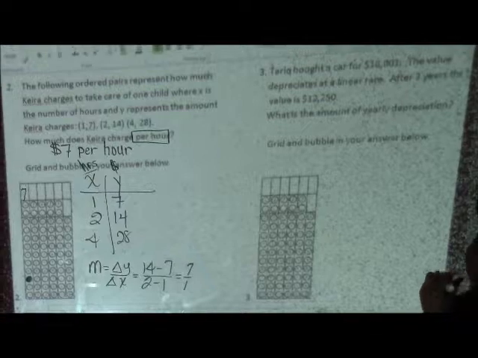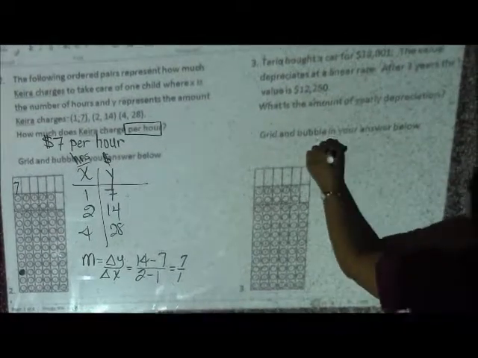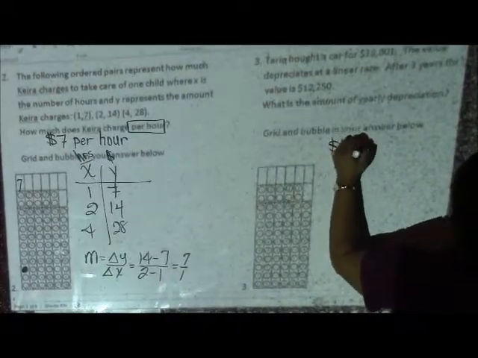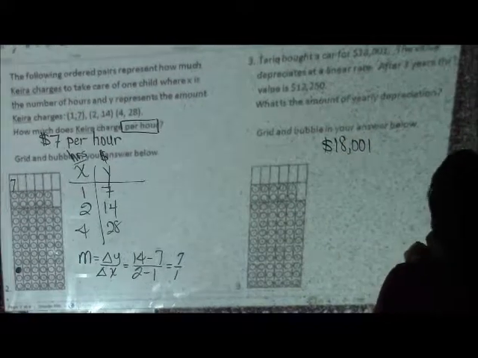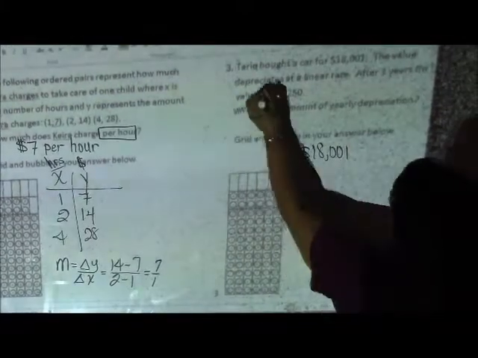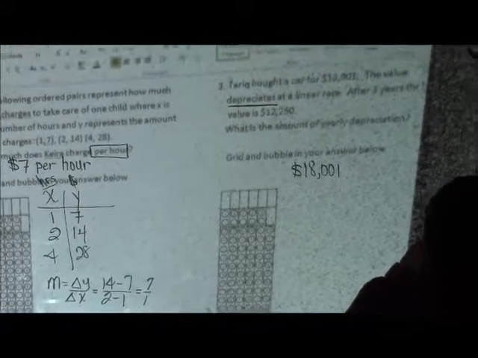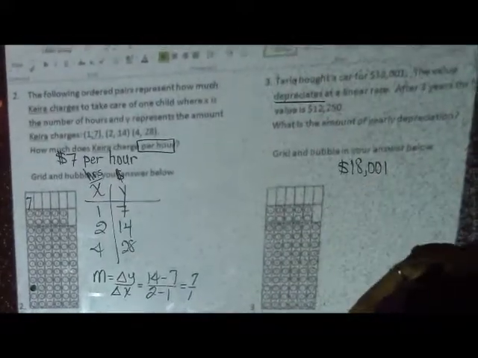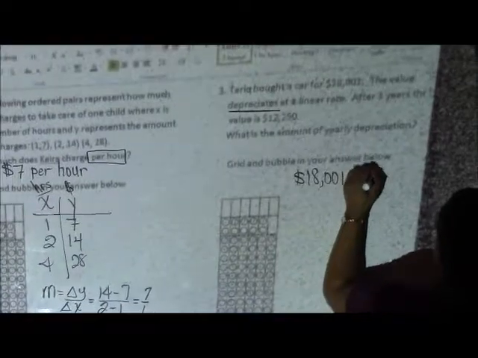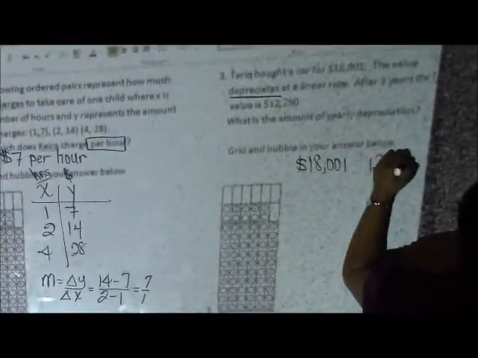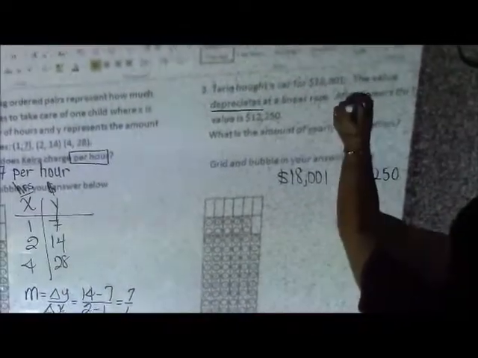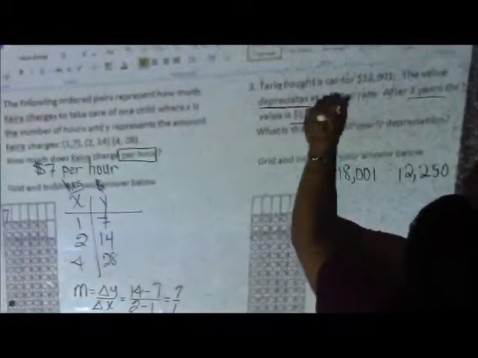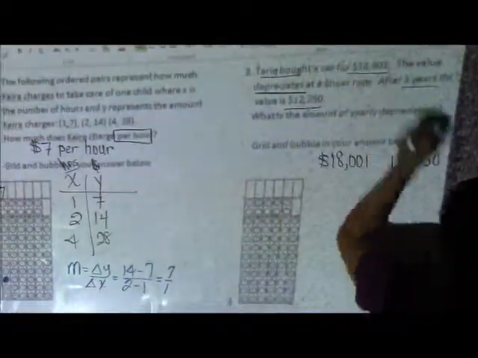Let's move on to number 3. Tariq bought a car for $18,001. The value depreciates, that's the important word, at a linear rate. After 3 years, the value is $12,250. So you have good information here. You have 3 years and the value at that time, and you have the initial time you bought it and the value.